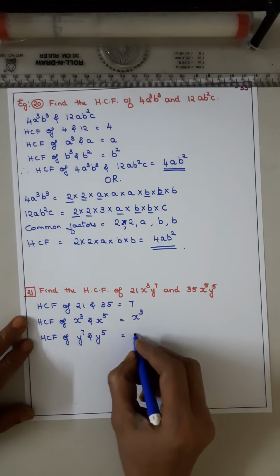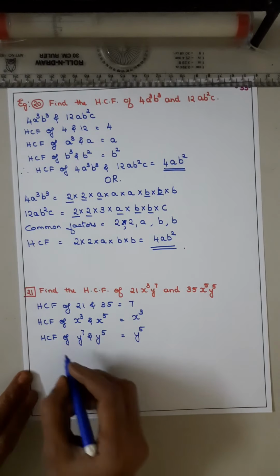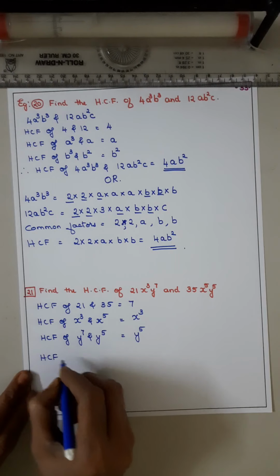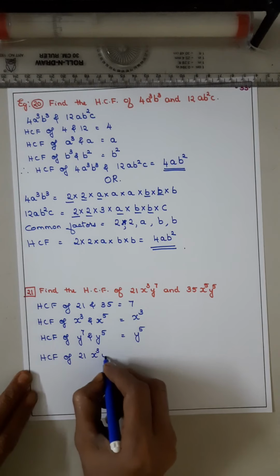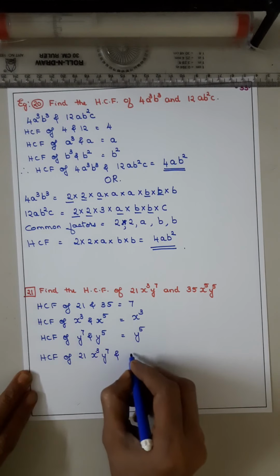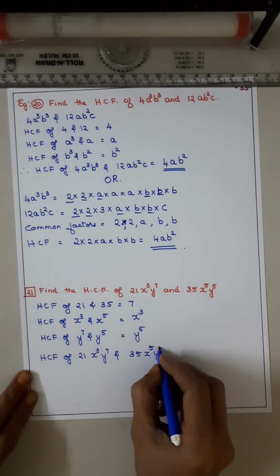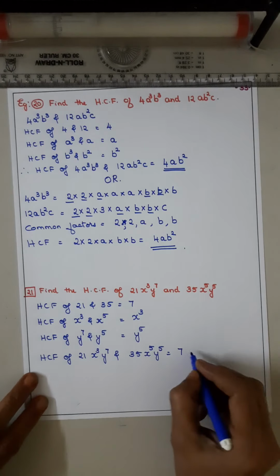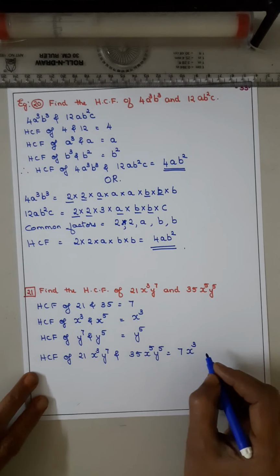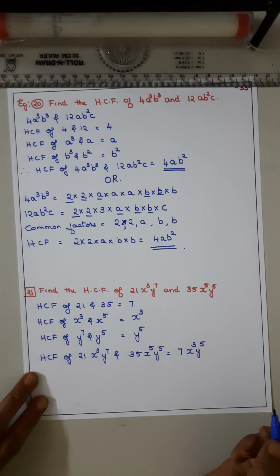What is common? Y to the power 5. Okay. So HCF of 21 x cube y to the power 7 and 35 x to the power 5 y to the power 5 is equal to 7 x cube y to the power 5. So this is the answer.